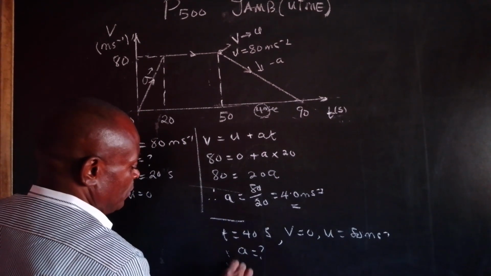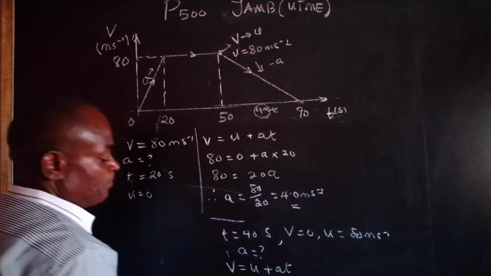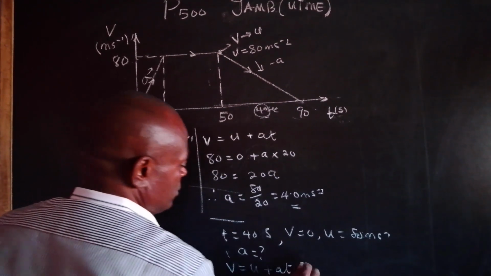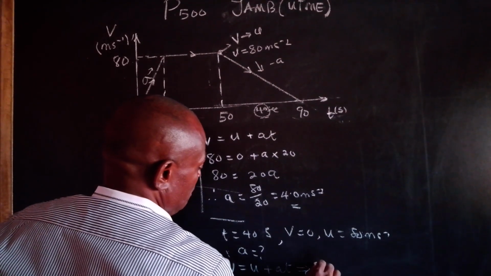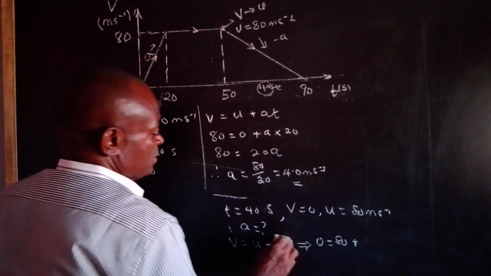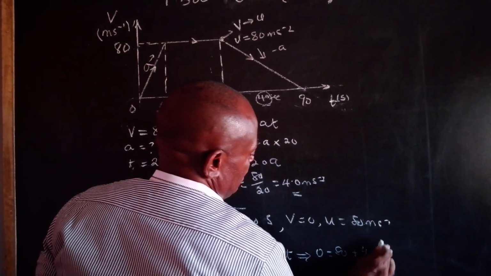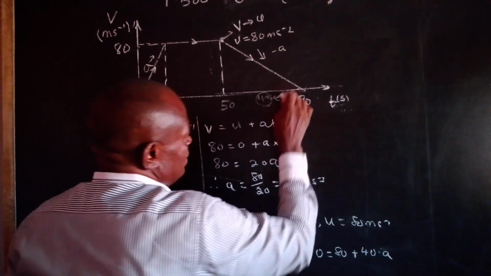Still, we use this formula, V equals U plus at. When we substitute, we have 0 is equal to 80 plus the time frame, which is 40, so we have 40 times A. A is now our retardation.